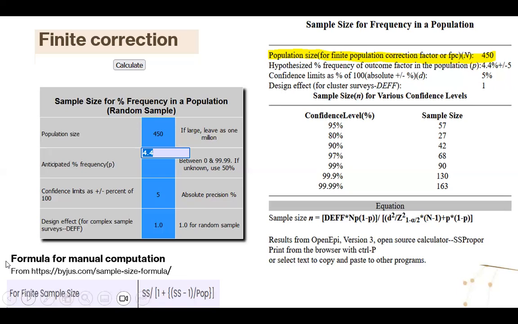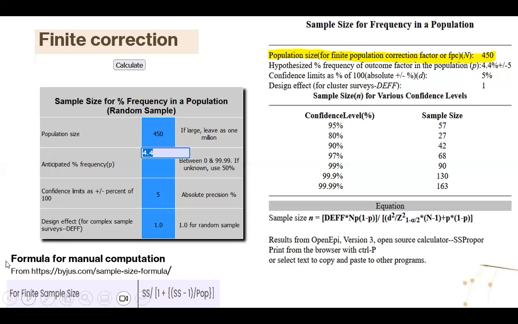So it's now 57 at a confidence level of 95%. And the software or the program labeled it as population size for finite population correction factor, or FPC. So you see the difference in the computed sample size when you specify a finite population.